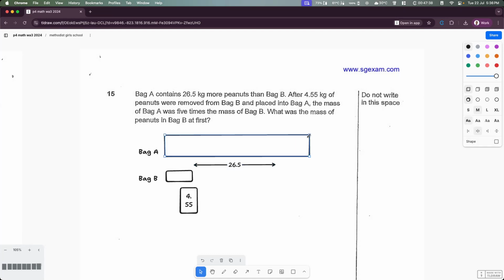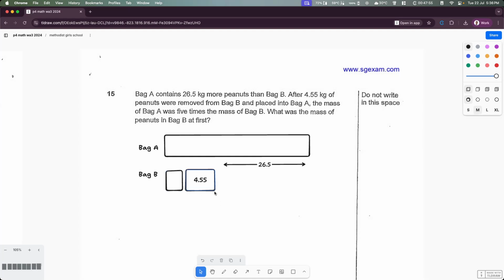In a way, this has been removed. 4.5 kg has been removed and added.